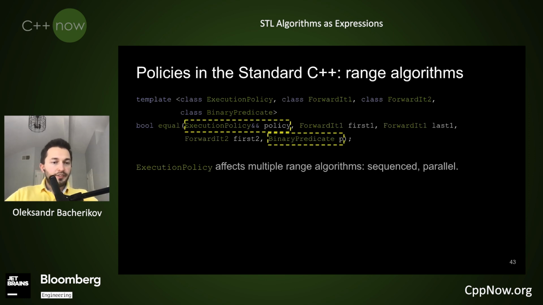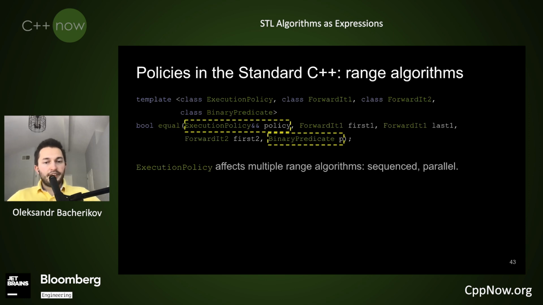Next examples we can find in range algorithms, for example, in the equal algorithm. And in here we have even two policies at the same time. At first, we have the execution policy that affects how we process the ranges. It's supported by multiple range algorithms and can have sequenced and parallel values.